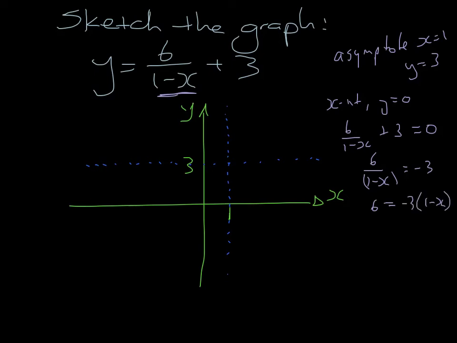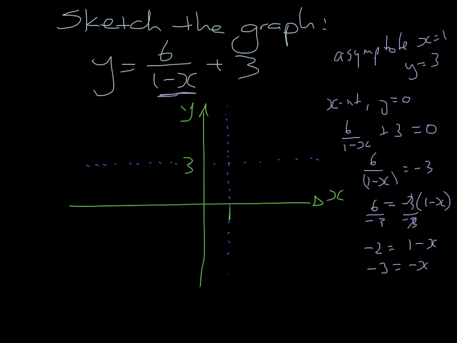Then I'll divide both sides by negative 3 to cancel that down. So 6 divided by negative 3 is negative 2, which will be equal to 1 take x. If I subtract 1 from both sides, we get negative 3 equals negative x.